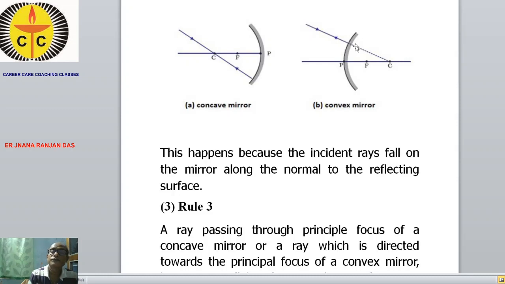It appears as if it is coming from the center of curvature. So this is one. Then the third rule: a ray passing through the principal focus of the concave mirror is always directed towards the principal focus.